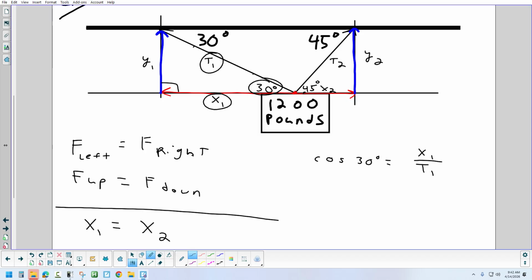Now solve for x1: T1 cosine 30. That is your formula for x1. How about x2? Anyone think they could tell me what the formula for x2will be?